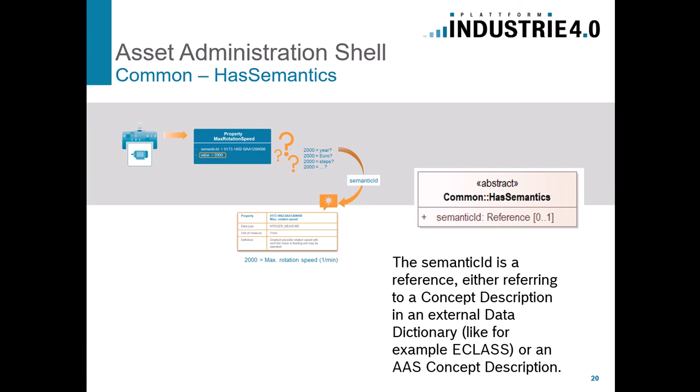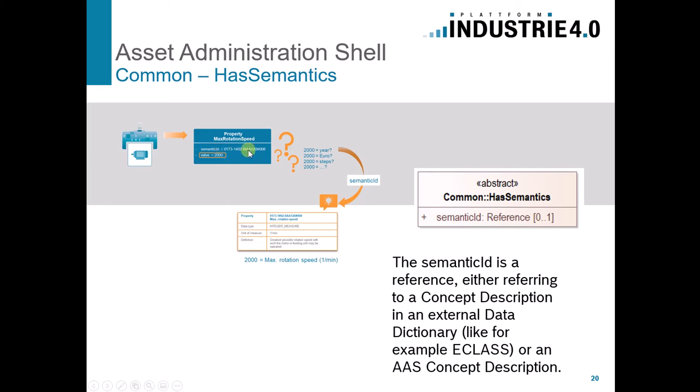Now, I would really say one of the basic concepts of the asset administration shell, because we are always saying it's about interoperability, is the semantic ID. The abstract class is HasSemantics. Here is an easy example. A submodel element, a property, is again a pair: a value and a semantic ID. This semantic ID is a globally unique identifier.